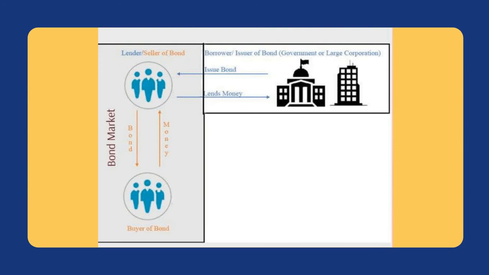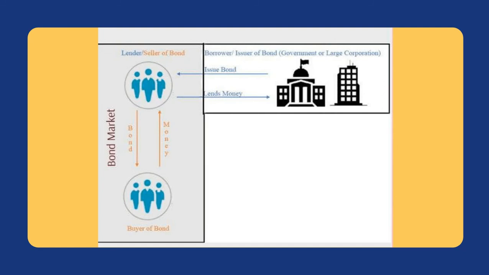Then, after that, if lender ka or seller ka sa bond, magkaroon ng exchange between sa buyer of bond. Then, balik na pod ang transaction from the lender or seller of bond, pabalik sa government or sa issuer mismo sa bond.